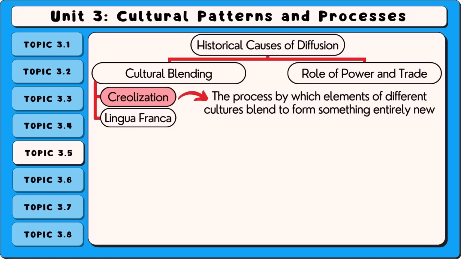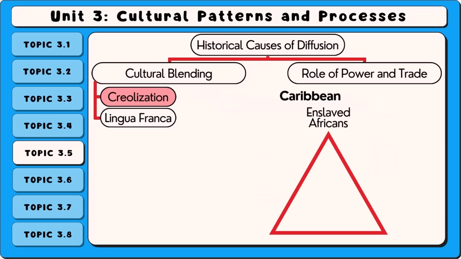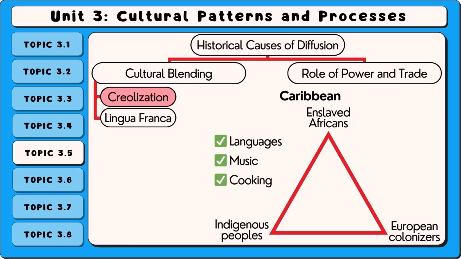Creolization is the process by which elements of different cultures blend to form something entirely new, especially in language, food, and music. For example, in the Caribbean, enslaved Africans, European colonizers, and indigenous peoples interacted for centuries. Over time, they blended languages, music, and cooking styles.